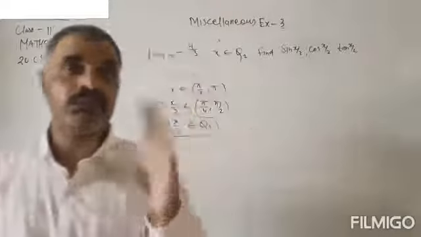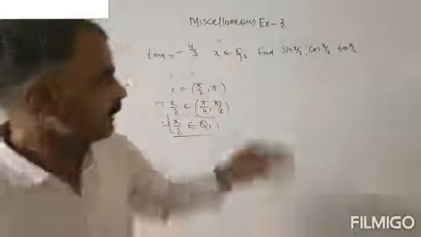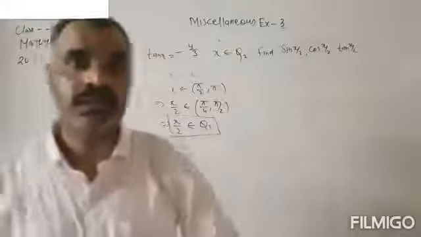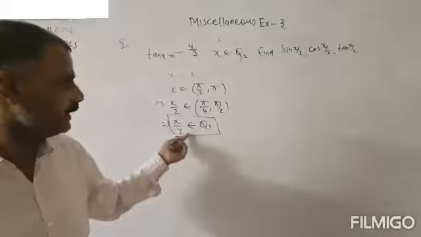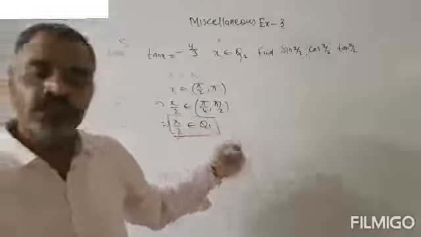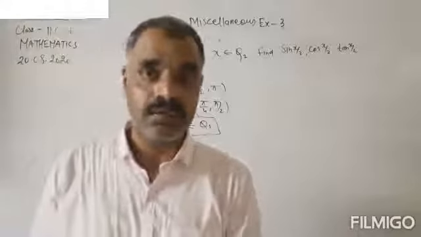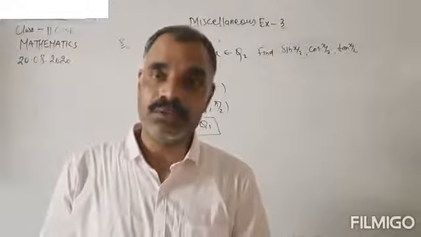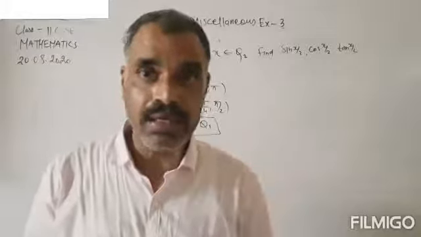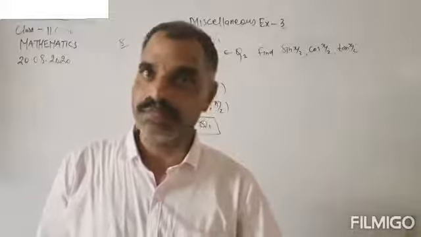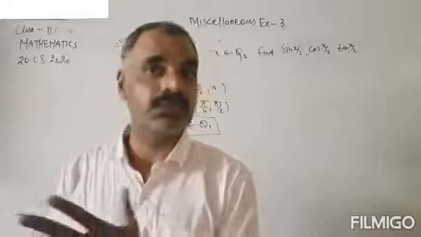This is important to decide the sign of the trigonometric functions that we want to find. When x by 2 lies in first quadrant, all the trigonometric ratios of the x by 2 angle lie in first quadrant, and in first quadrant all the trigonometric ratios are positive.